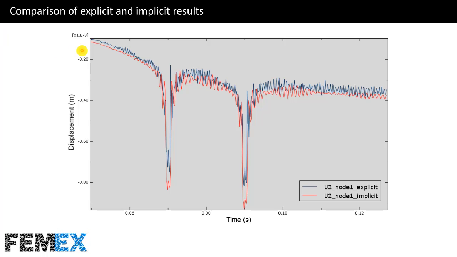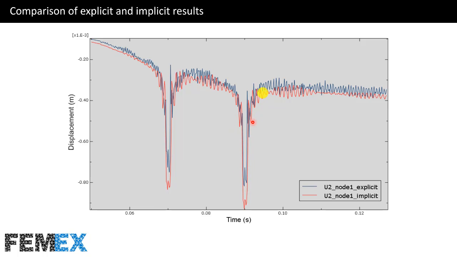In this figure, we have the comparison of the vertical displacements for node 1 based on explicit and implicit simulations. The blue curve belongs to the explicit simulation and the red curve belongs to the implicit simulation. As you can see, they are similar.